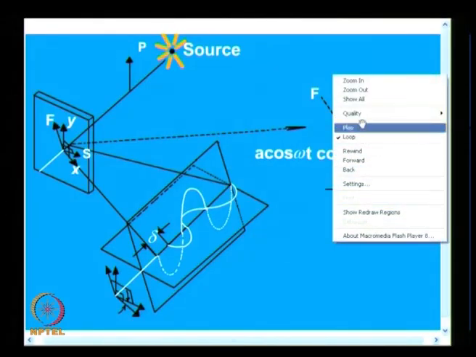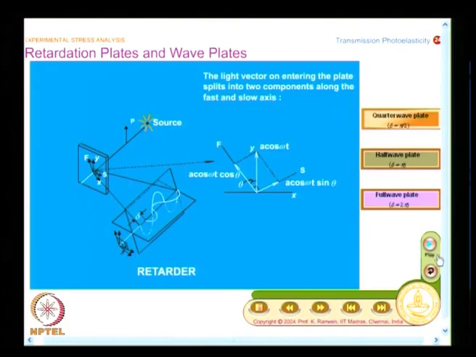If I have two simple harmonic motions which are mutually perpendicular, depending on the difference in phase, you will see lights of different states of polarization, and let us see that. So, I will have a light ellipse coming out of the model.